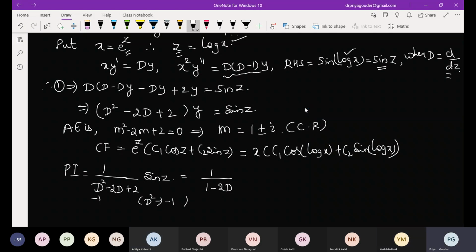So multiply and divide by 1 plus 2D. Recall the method, otherwise it is difficult. Into sin z. Now again a minus b into a plus b is a square minus b square, and in this D square has to be replaced by what?